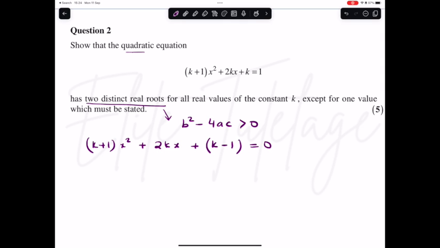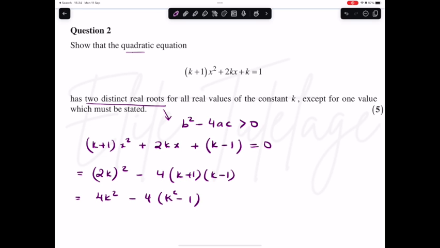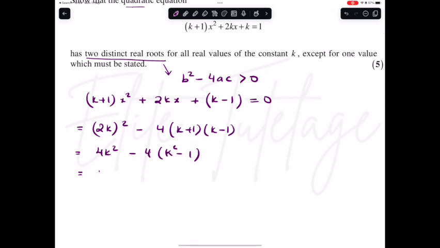And then I'm going to apply b squared minus 4ac, which is the discriminant. So that becomes 2k squared minus 4 times k plus 1, k minus 1. Okay, now I'm going to just simply expand. So 4k squared minus 4 times k squared minus 1, which is just the difference of 2 squares. So further expansion will lead me to this, and then that's just for greater than 0.